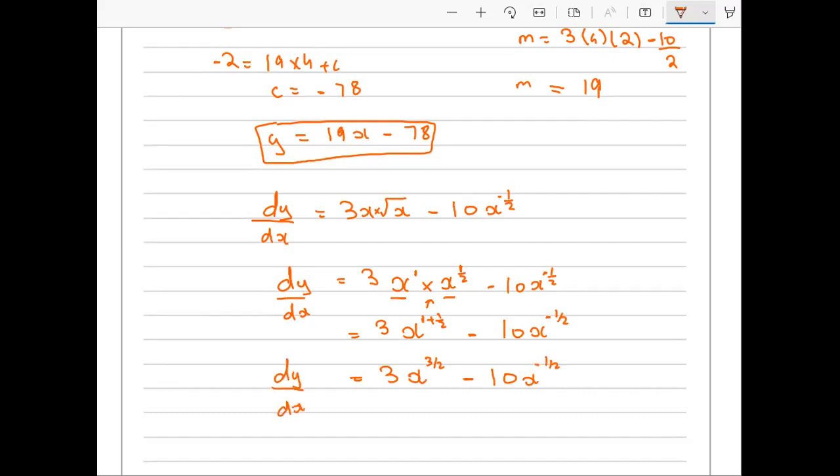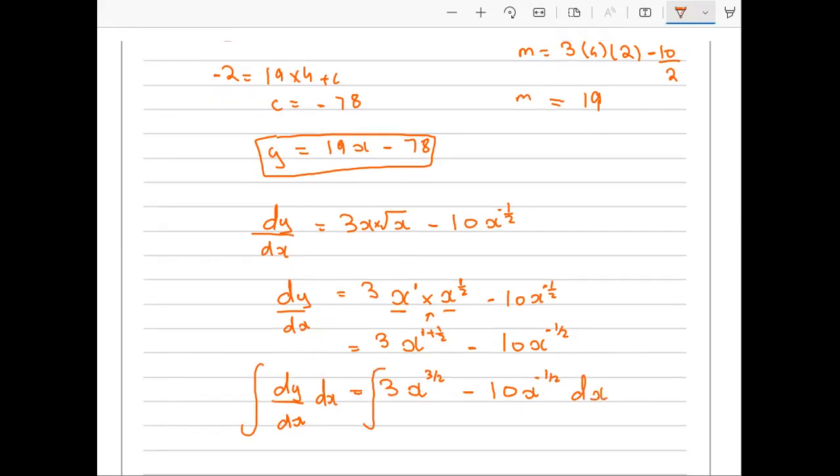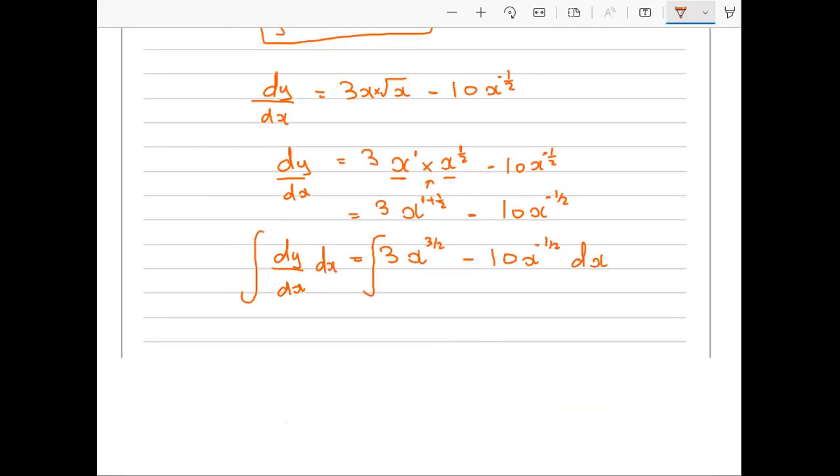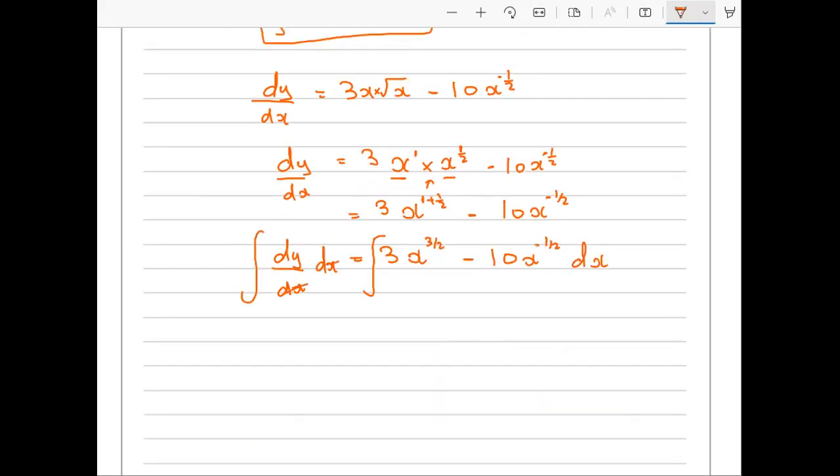In order to find my function f of x or y, since y equals f of x, it is the same thing, I need to integrate both sides of my derivative with respect to x. So integration of 1 with respect to y will be y equals, and now I can integrate it. So it is 3 x to the power 3 by 2, which is 1.5. 1.5 plus 1 is 5 by 2.